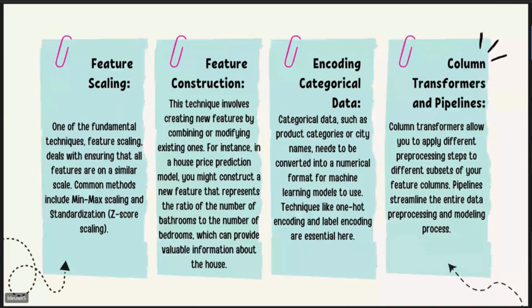So it depends on the customer who's going to buy the house and what they want. So rather than giving the values separately, if you give it together as a single column, by looking at one column or looking at one particular feature itself, they will be able to make a proper decision, right? So that is an example of feature construction.